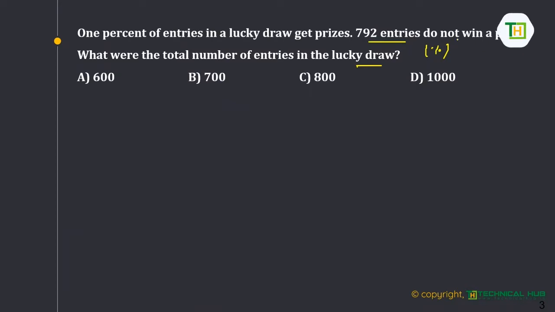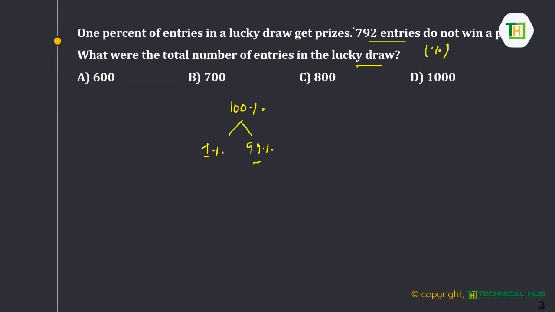Total entries I'm taking as 100%. Out of 100%, 1% of entries get prizes, and the remaining 99% do not get prizes.